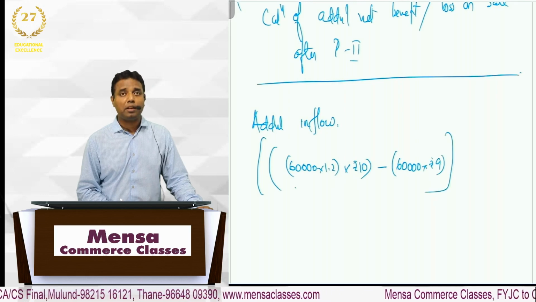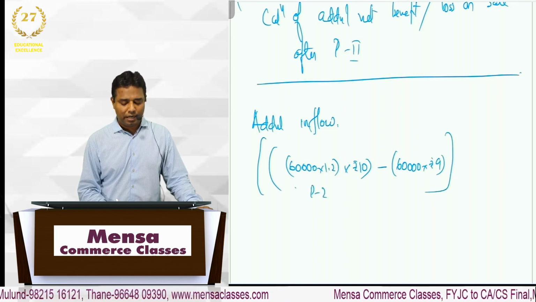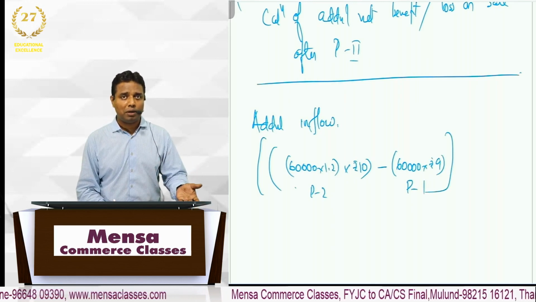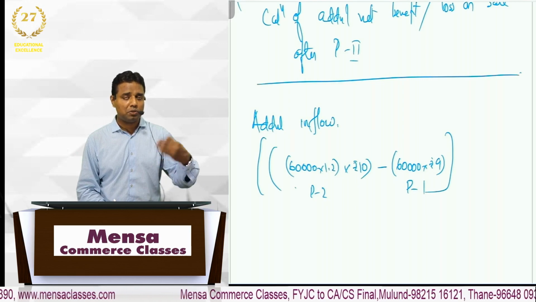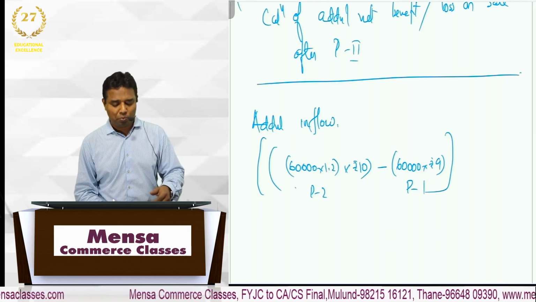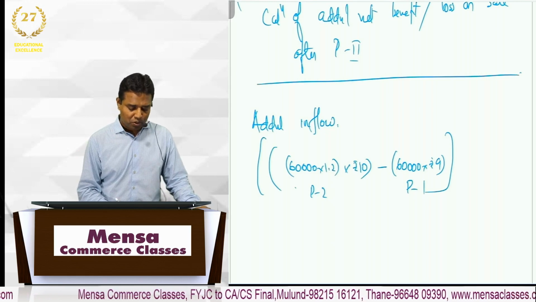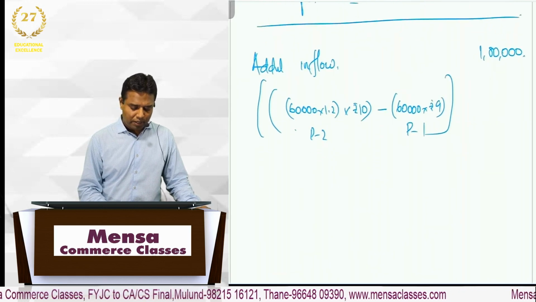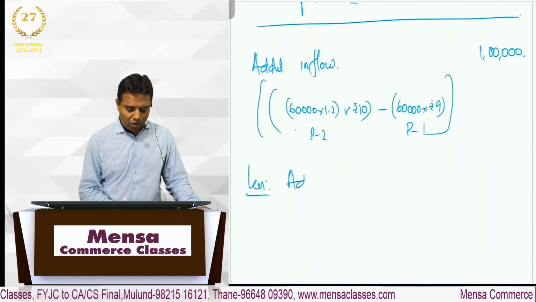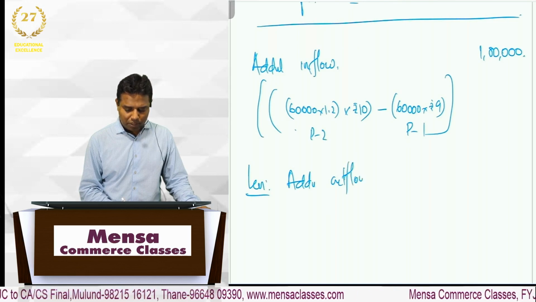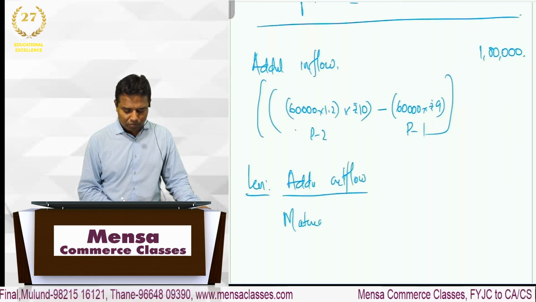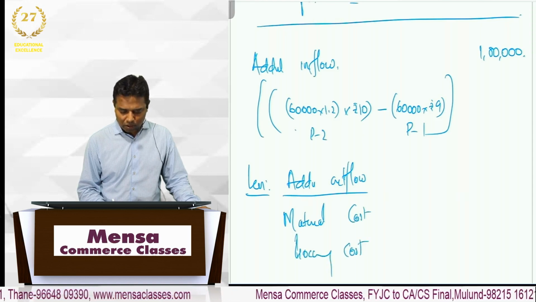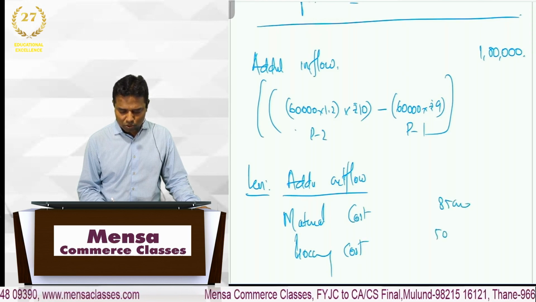So this is the additional net benefit. This is the value I get at the end of process 2. This is what I would have got at the end of process 1. But my quantity will go up by 1.2 times. Instead of 60,000 at 9 rupees, I will be able to sell 72,000 at 10 rupees. So the additional inflow is 1,80,000, right? Less additional outflow. What are the additional outflows? One is my material cost and my processing cost. Material cost was 85,000, processing cost was 50,000.